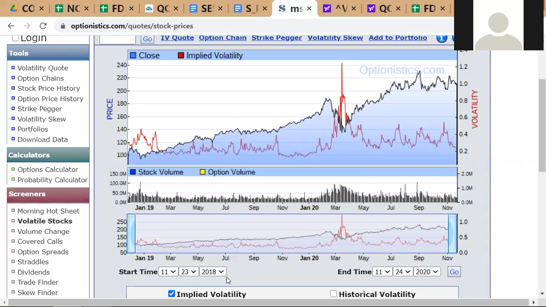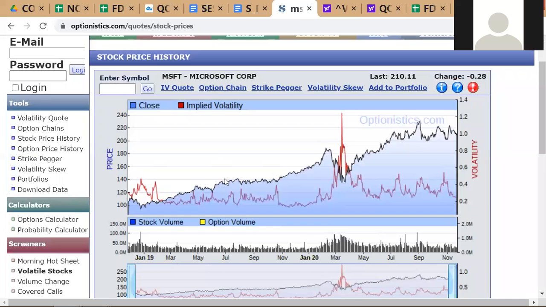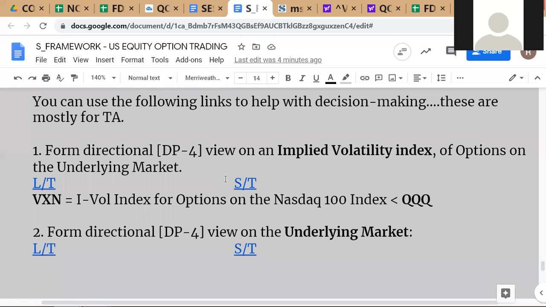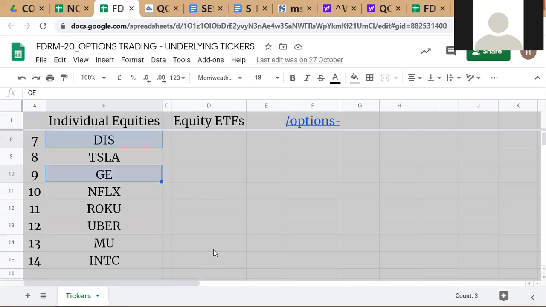How to use index eyeball charts for a technology index to proxy the long-term data for eyeball on a particular stock, which happens to be a tech stock like Microsoft. Okay, and you can use this for other stocks also, which are part of your list. Say AT&T, Disney, GE.